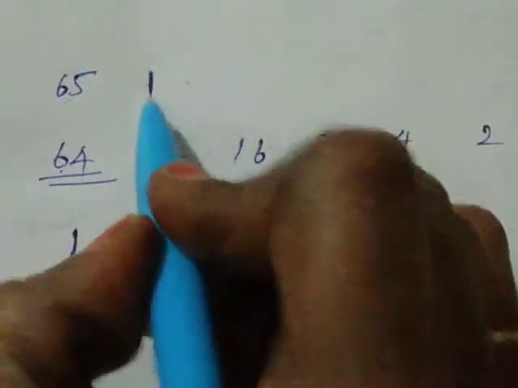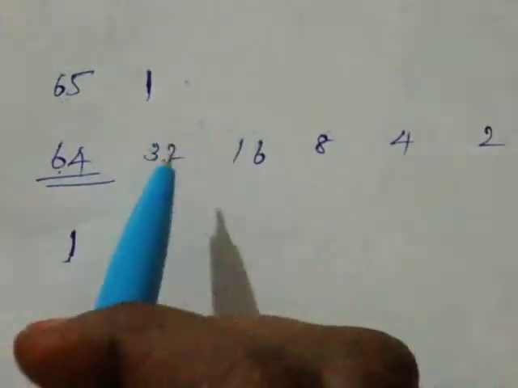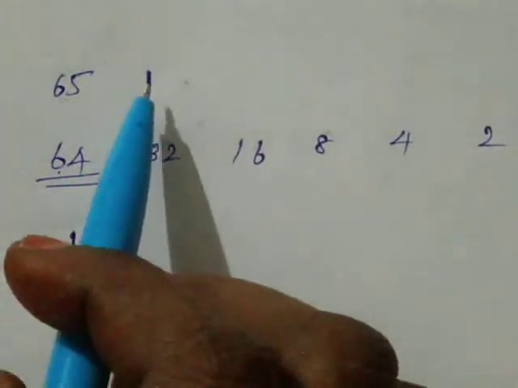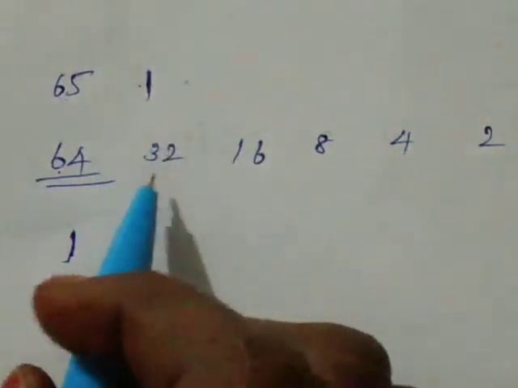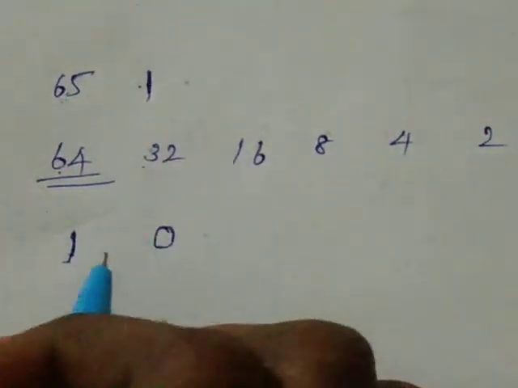From that 1 we can't subtract 32, because 32 is greater than 1. So we can't subtract, and for that we put 0.